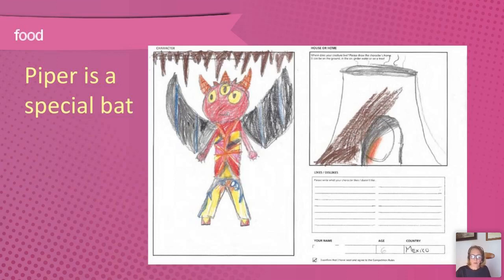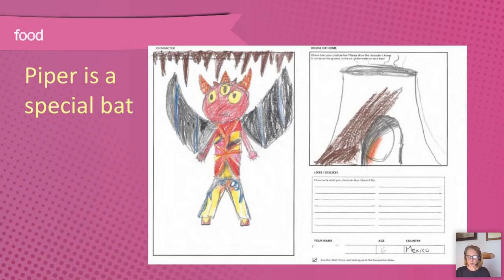All the characters in Fun Skills come from a global competition, and Piper is one of them. Learners from all over the world contributed, and this makes the characters probably more relevant to our learners because they have designed them. So we're working with their ideas rather than us imposing something on our learners.